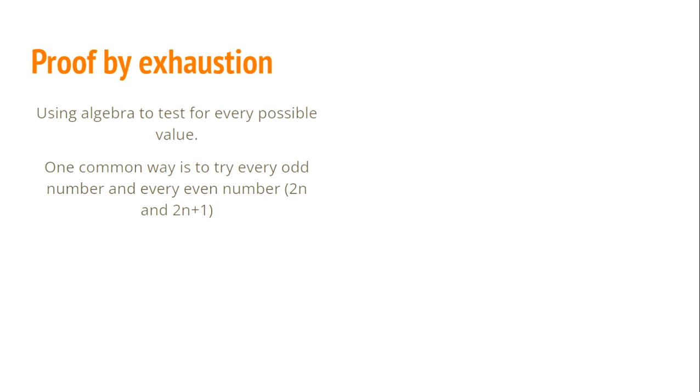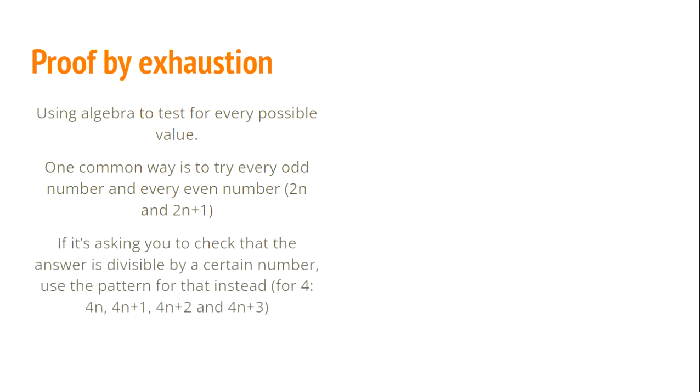In fact, you usually use the odd and even formulae to prove, but if it's asking you to prove that the answer is a multiple of a number, you'll need to use a different formula instead. So, if you're checking that it's divisible by 4, you'll use 4n, 4n plus 1, 4n plus 2, and 4n plus 3, as 4n plus 4 can be expressed as 4n, and thus loops back around.